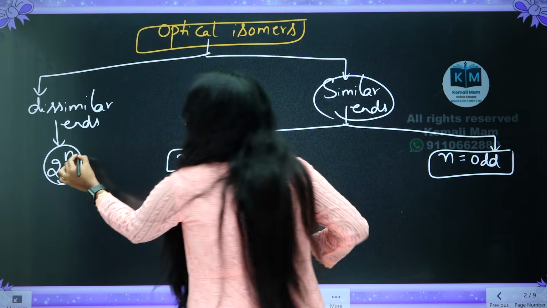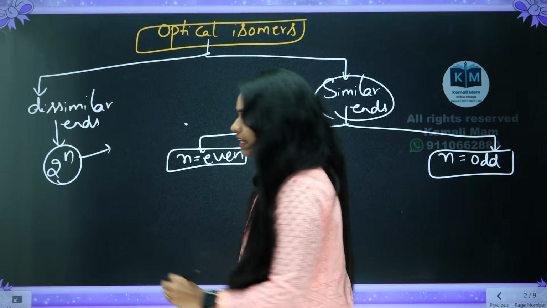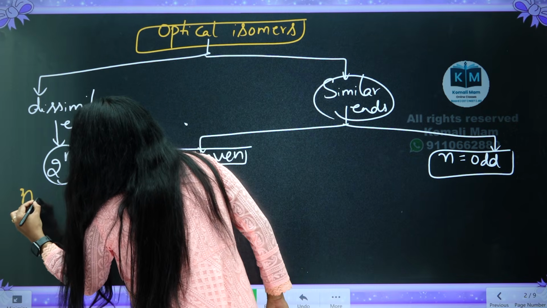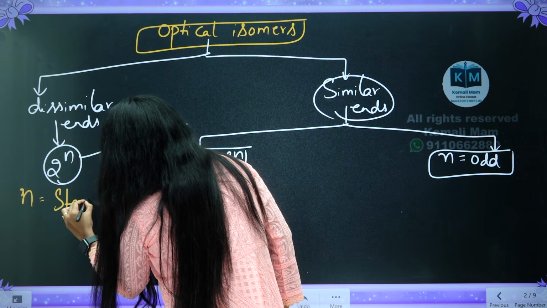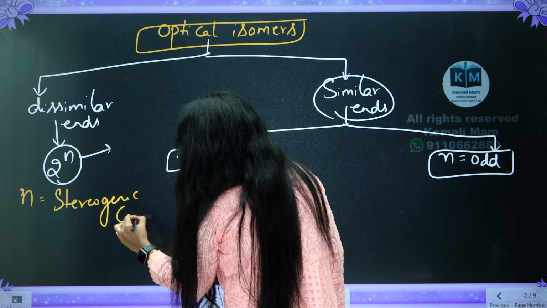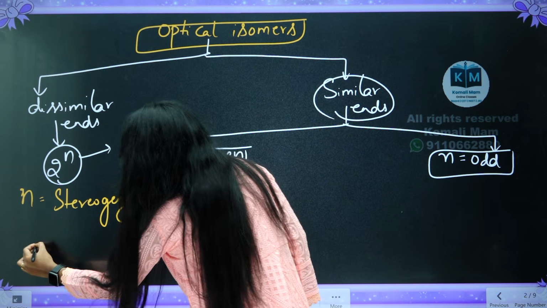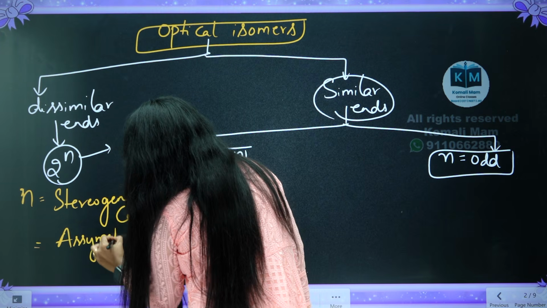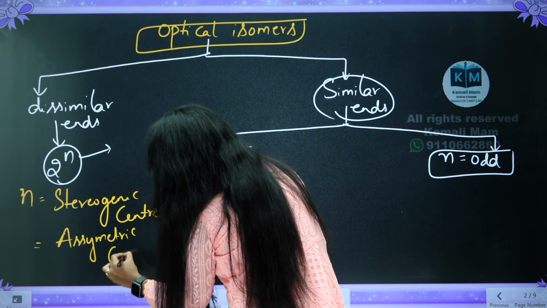Ma'am, what is this n? N is nothing but the number of stereogenic centers. What do you mean by stereogenic center? Asymmetric center.